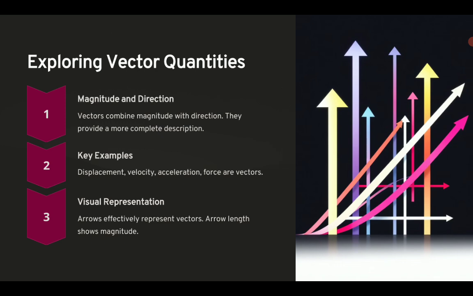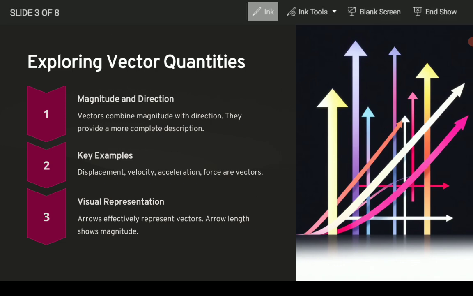All right, so having looked at scalar quantities, let's look at vector quantities. Unlike scalar quantities, vector quantities have magnitude and direction. So we define a vector quantity as any physical quantity which has magnitude and direction.